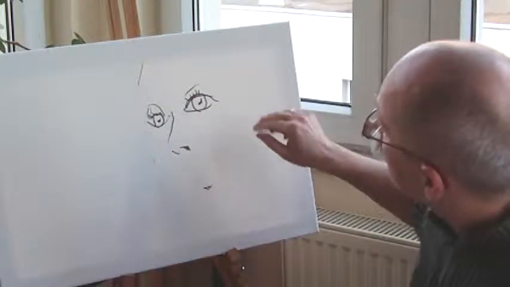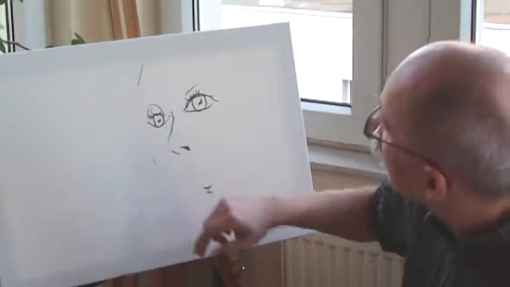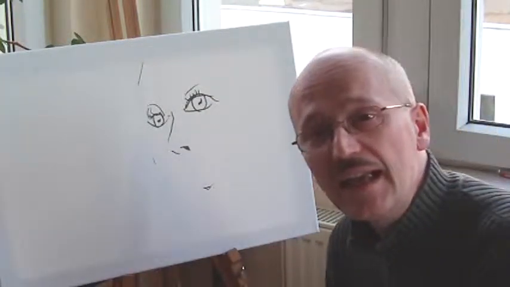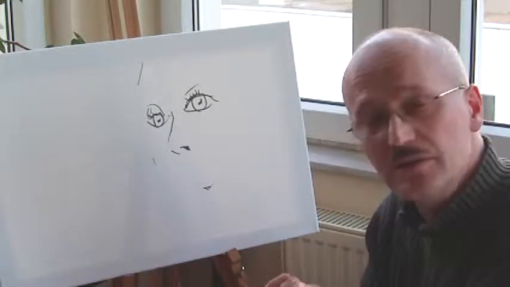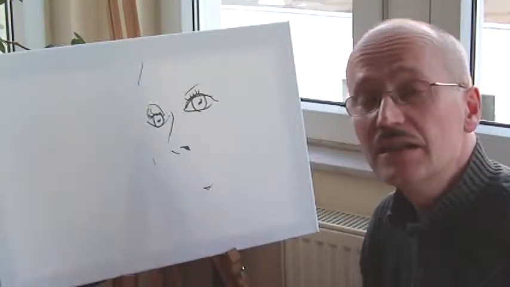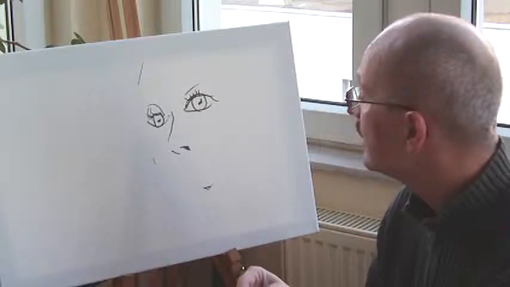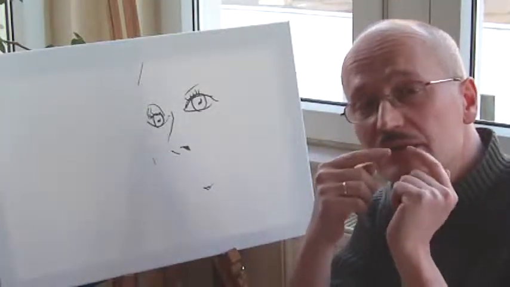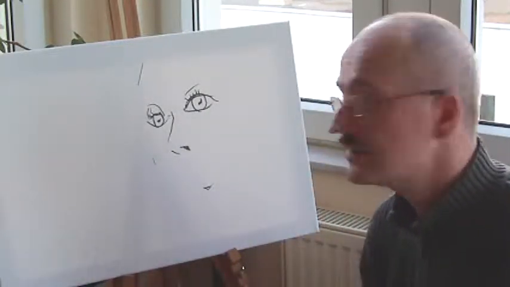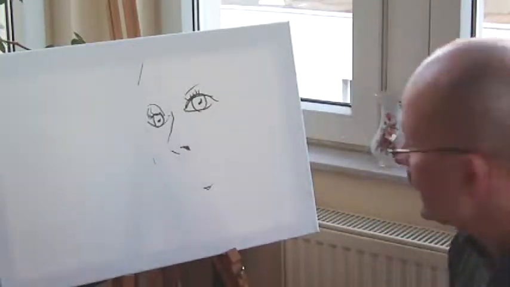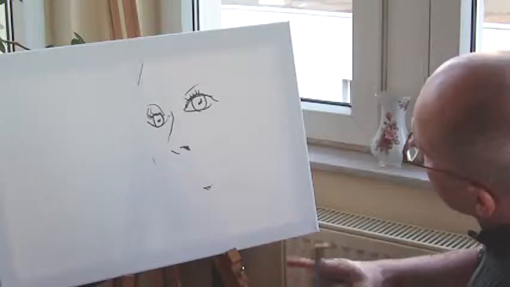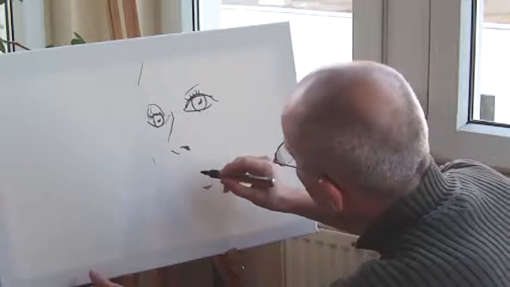We have a bit of it here already, like eyes, nose and mouth. To recognize somebody, the most important thing is that you can recognize the shape of the mouth. So the mouth is important when making a portrait, and I'll place a mouth here first.